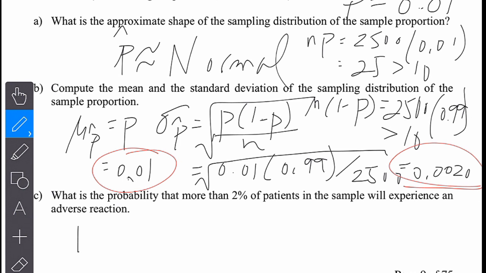The probability in the sample, right? The sample proportion. That always goes when we're doing the SDS problems, we're using the statistic as the variable. More than 2%.